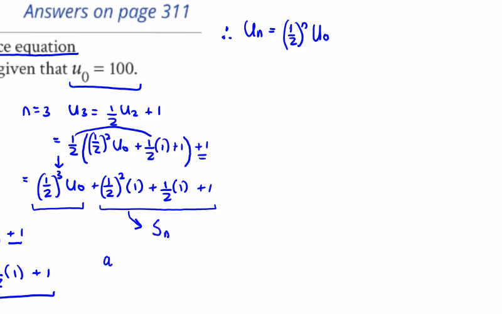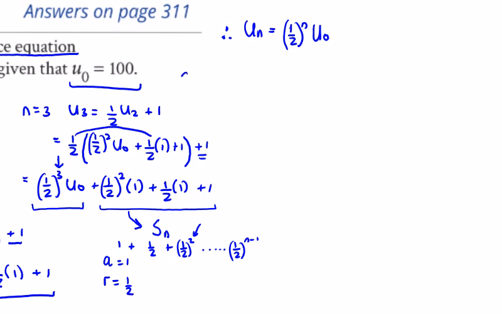Well, a is equal to, if we reverse it around, 1 plus a half squared, and so on. That's going to keep on going to a half to the power of n minus 1. Position 3 we have 2, so the last position will be n minus 1. So a is equal to 1 and r is equal to a half.